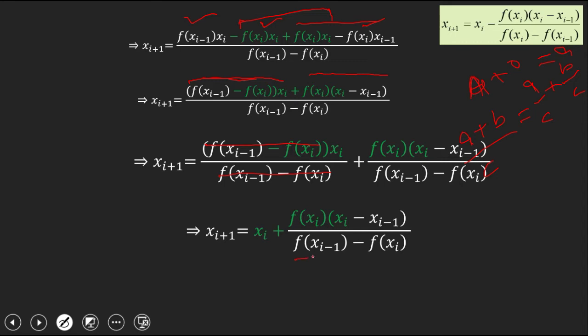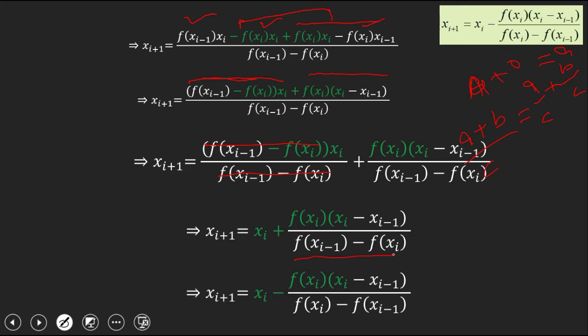After rearranging the denominator, we will get xi minus f of xi into xi minus 1 divided by f of xi minus f of xi minus 1. We have just taken the negative sign from the f of xi minus 1. So what we have in the last step is f of xi minus f of xi minus 1.